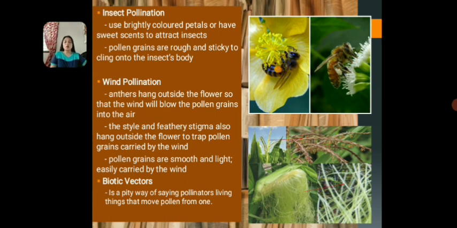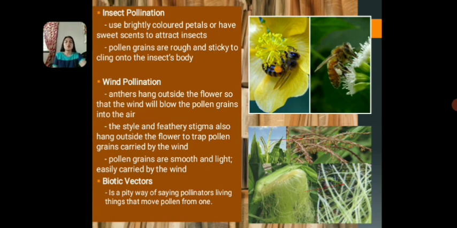Then we have wind pollination. Anthers hang outside the flower so that the wind will blow the pollen grains into the air. The styles and feathery stigma also hang outside the flower to trap pollen grains carried by the wind. And the pollen grains are smooth and light, easily carried by the wind.